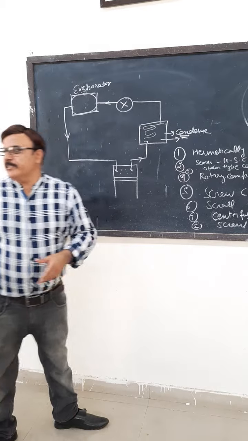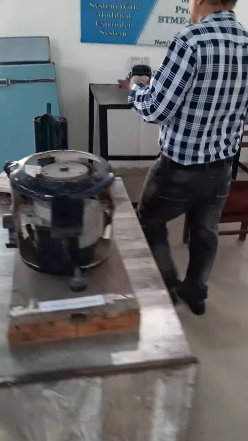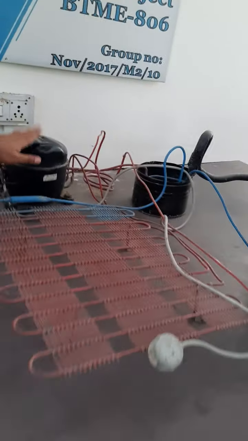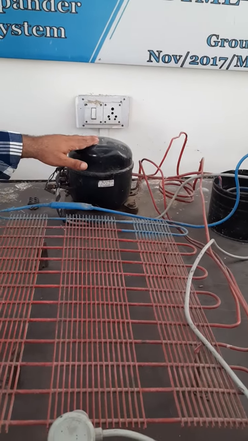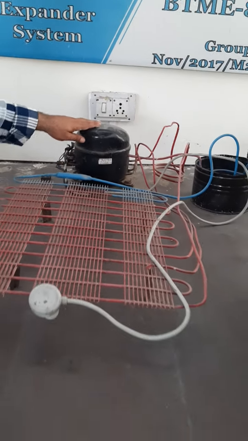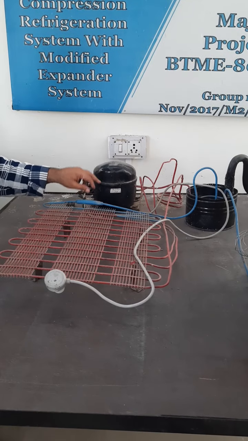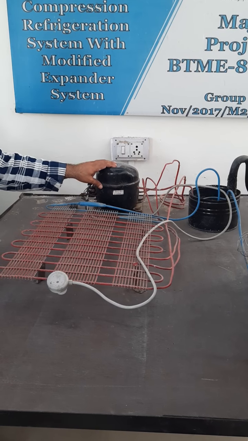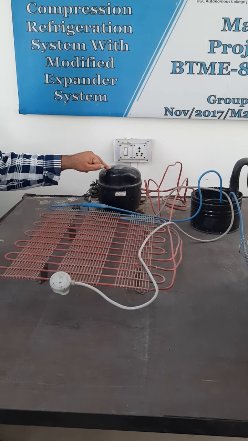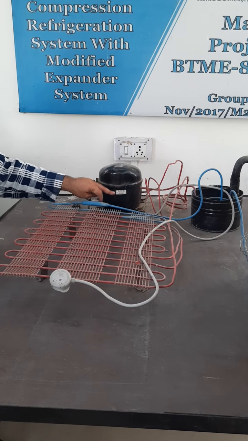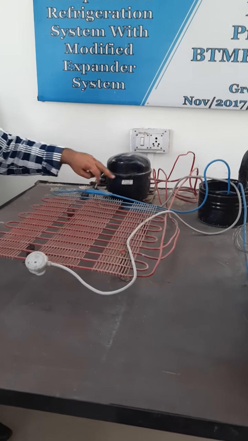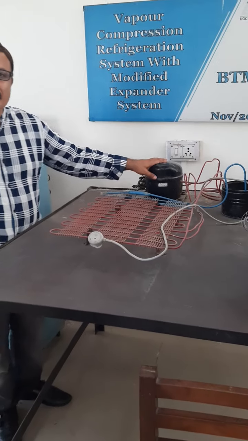In a reciprocating sealed type compressor, look at here. This is known as the hermetically sealed type compressor. This is the dome under which both the motor and the compressor are placed inside a single dome, and the upper and lower parts are welded. It is very compact in size.